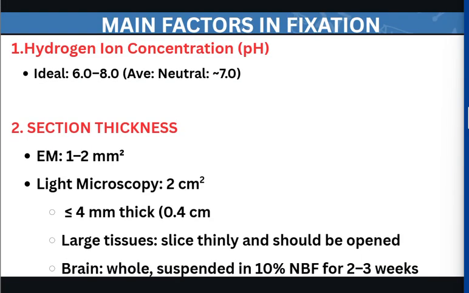Plus, here are some factors that affect fixation. Firstly is the hydrogen ion concentration, pH. That is why we have a pH meter, right? The ideal one is around 6 to 8 pH, but the neutral one is around 7. The section thickness as well, class. Please take note that in electron microscopy, it must be 1 to 2 millimeters squared, and in light microscopy, it's around 2 centimeters squared.